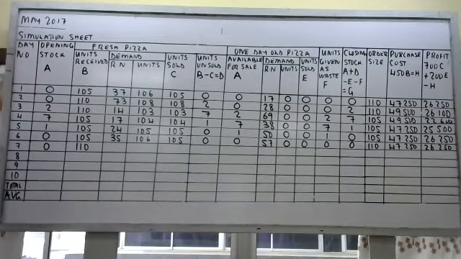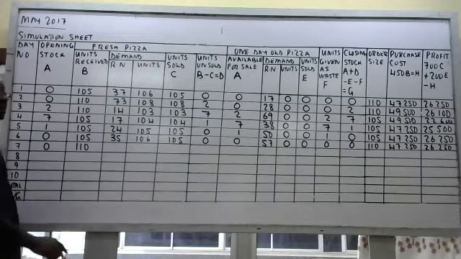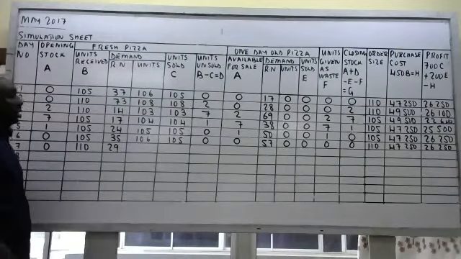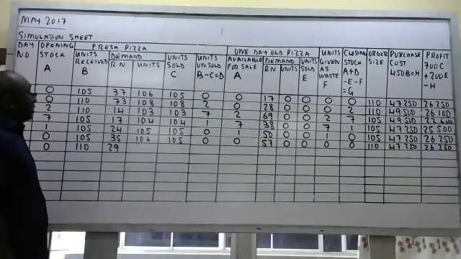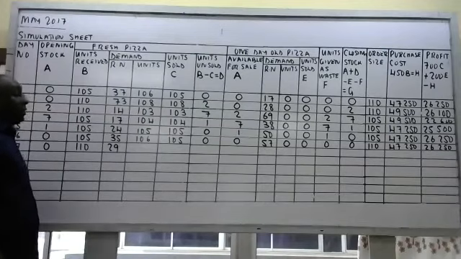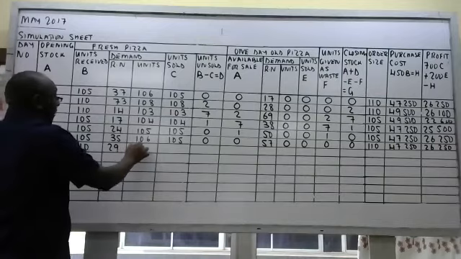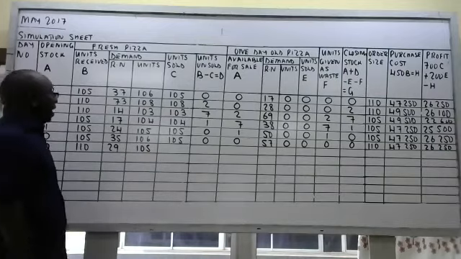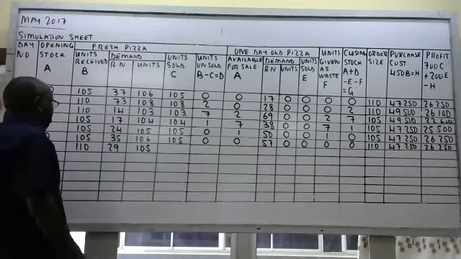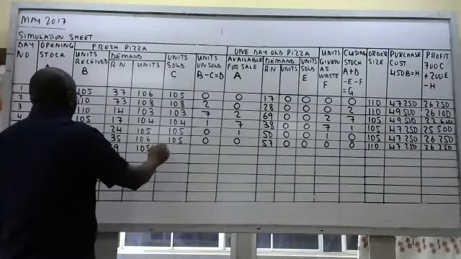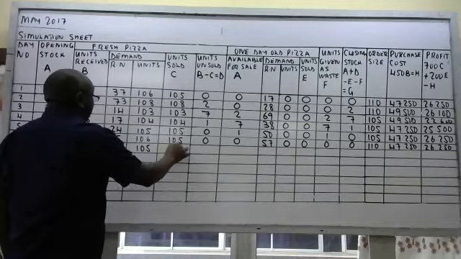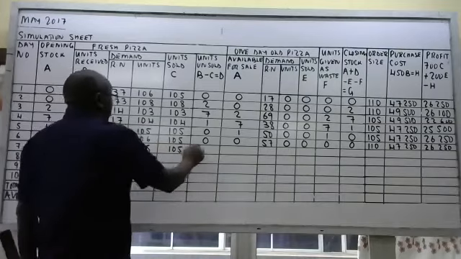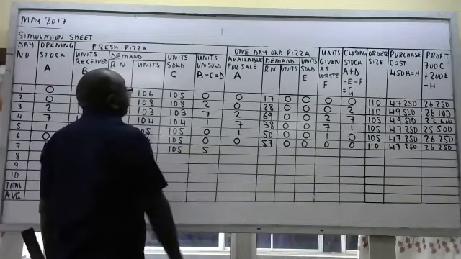The random number is 29. That gives us 105. The units to be sold are 105. So the units that remain unsold, they will be 5.